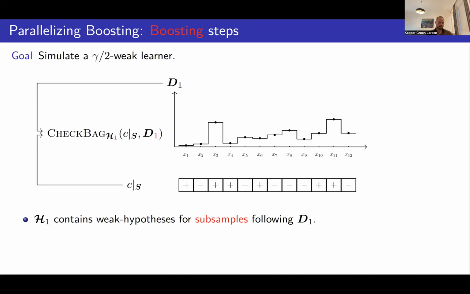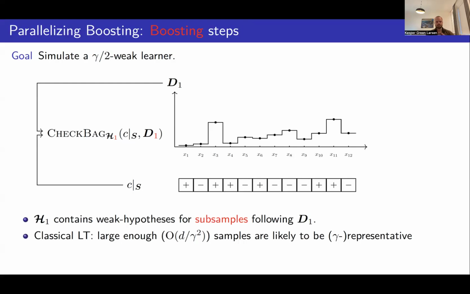They were trained on subsamples, so I'm going to check how they perform on the full distribution. Note there's no training involved here. This is purely inference, so this should be faster than actually training. You're just evaluating its performance on the distribution D1. So I'm just going to loop through and check how well each performs on this distribution.